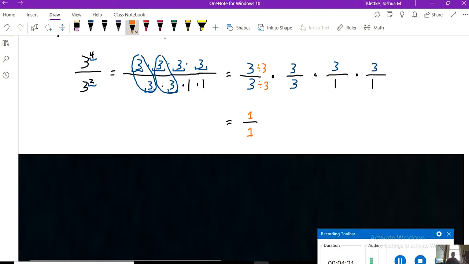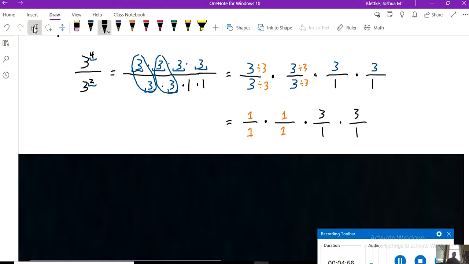So we have 1 over 1 there, times, the same thing happens here. I can divide by 3 on top and bottom. That's going to give me 1 over 1 again. Now the rest of them, so this 3 over 1, I can divide the top by 3, but I can't divide 1 by 3. And actually, since it's 1, I can't really do anything with it. So I have to leave it as 3 over 1 times, same with back here, 3 over 1.